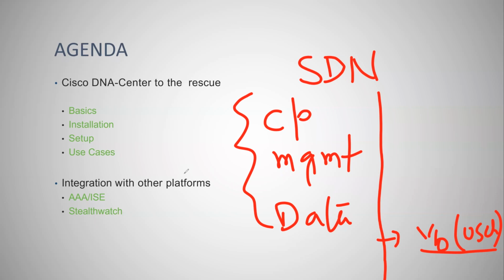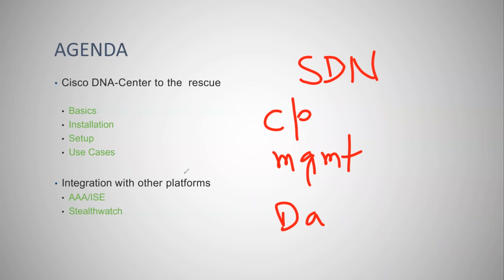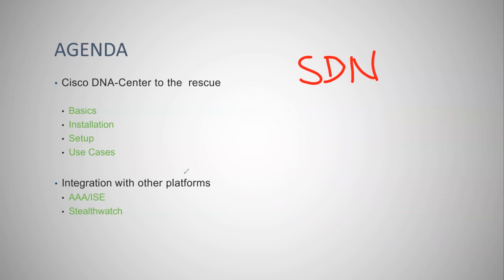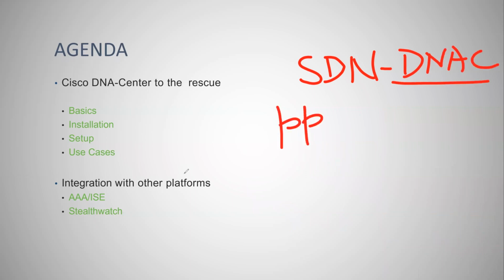So that's cool. But one thing new in DNA fabric: suppose SDN is related to DNAC, we have something called a policy plane as well.